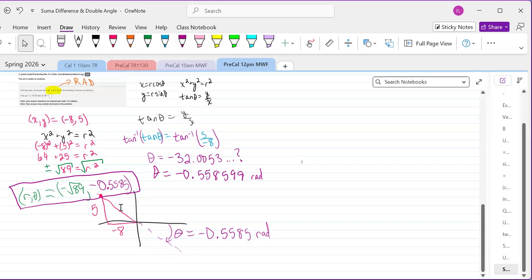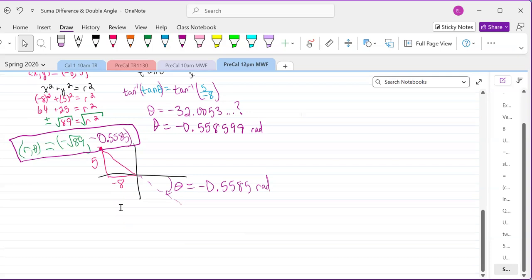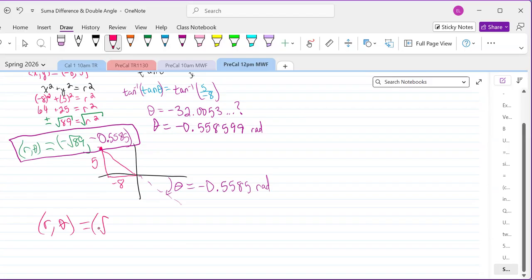Oh, what's the equivalent angle? So the equivalent angle is I take my location and I add pi to it. So the equivalent point, not what we can use as the answer, but another point would be positive square root 89 and the negative 0.5585 plus pi.